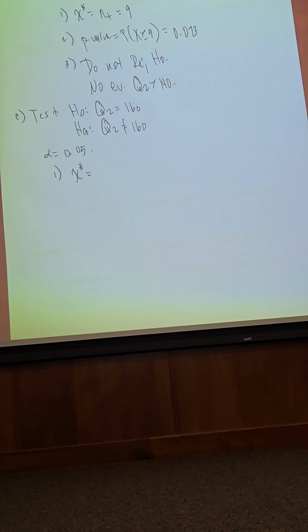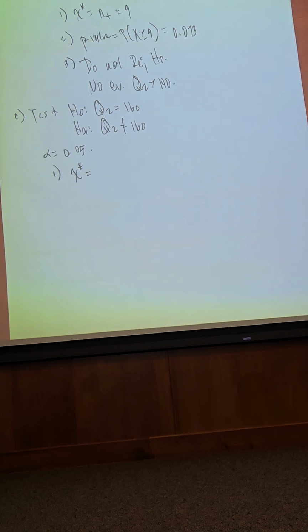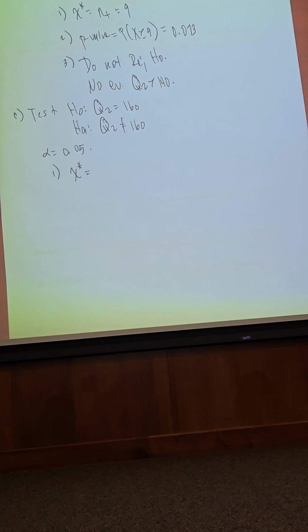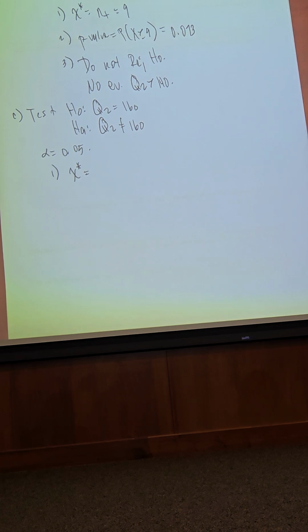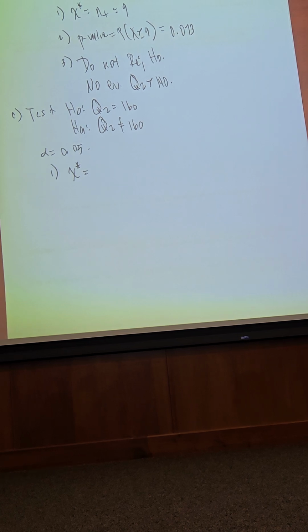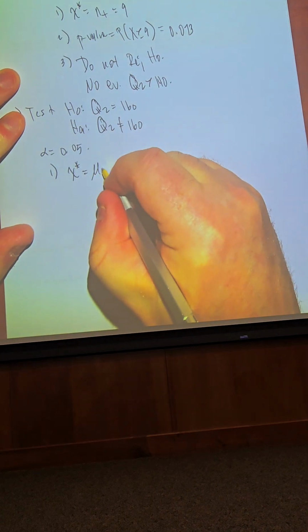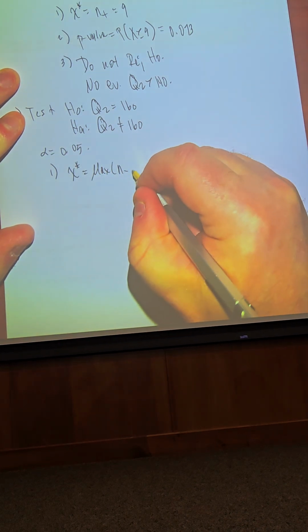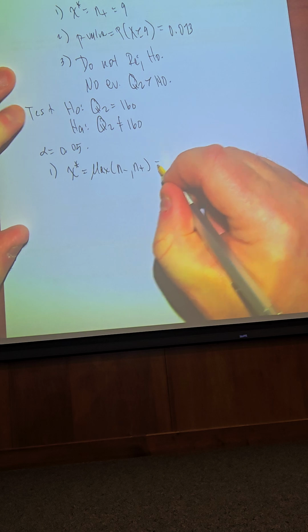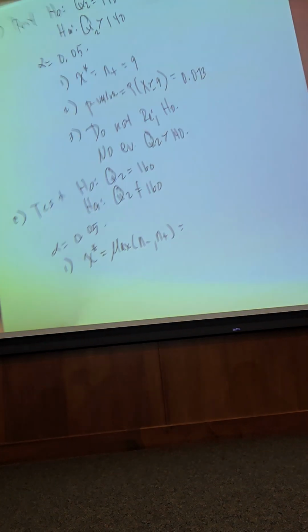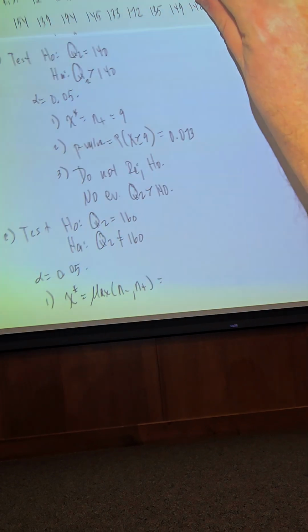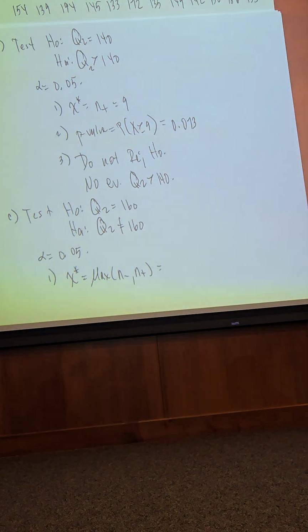Now this is the one with a little bit funky test statistic. What was my test statistic, you remember? Was it n minus? No. Was it n plus? No. It was the maximum of n minus and n plus, the bigger of the two. What is n minus?